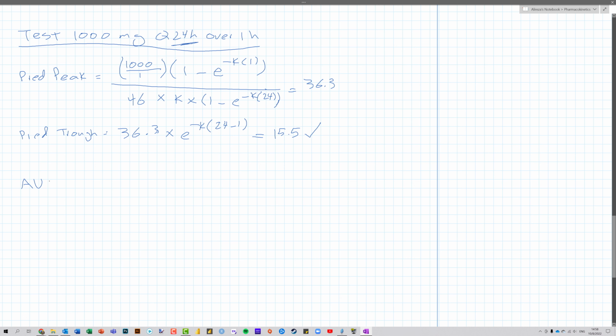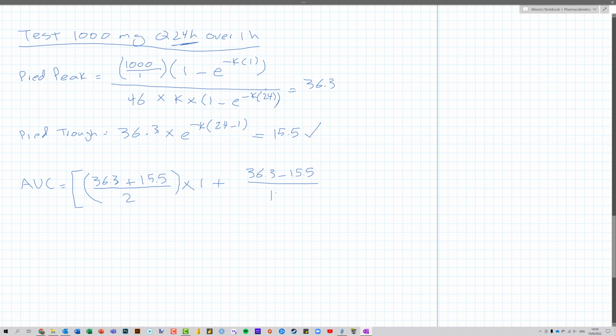So when calculating AUC, use the trapezoidal rule equation. So this is essentially your predicted peak, which is 36.3, plus predicted trough, which is 15.5. That's divided by 2. And this whole thing will multiply by time of infusion, which is 1 in this case. And that's plus the difference between peak and trough, which is 36.3 minus 15.5.